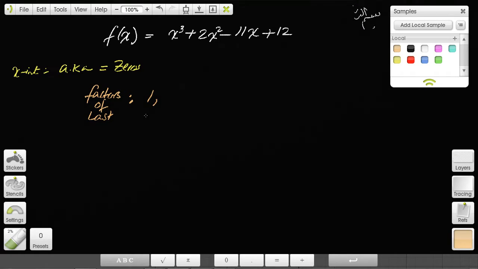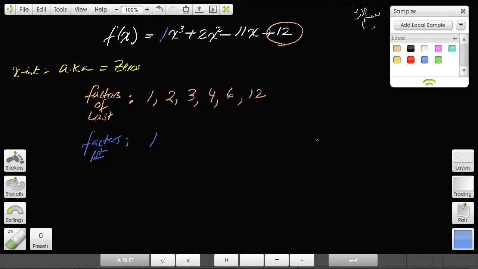Well, 1 is a factor of 12, 2 is a factor of 12, 3 is a factor of 12, 4 is a factor of 12, 5 is not, 6 is a factor of 12, and 12 is a factor of 12. Those are all the factors of the last term. Now let's write down the factors of the first term. It's easy because there's just one factor.